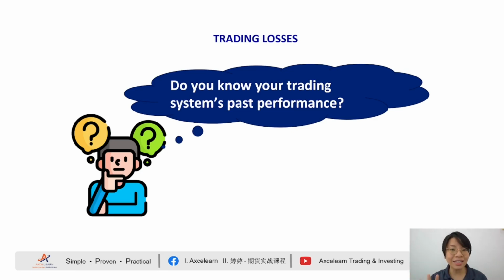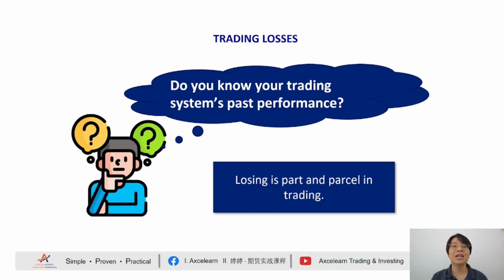If you can understand the concept, then you can understand this. 5 winning trades, 5 losing trades in terms of units, but when it comes to value, they are different. They are two different things. So you can see that the losing part is definite. The key highlight is that losing is part and parcel of trading.